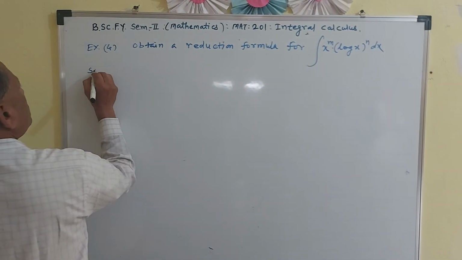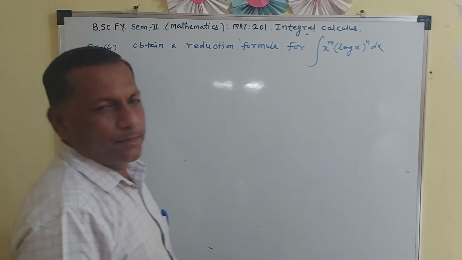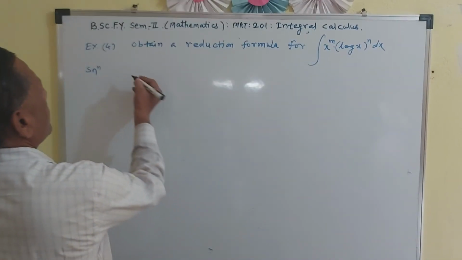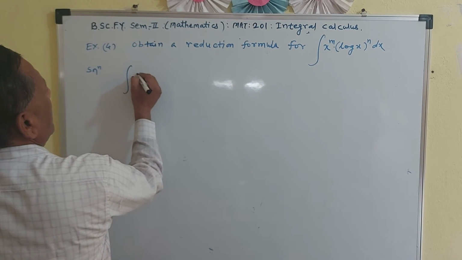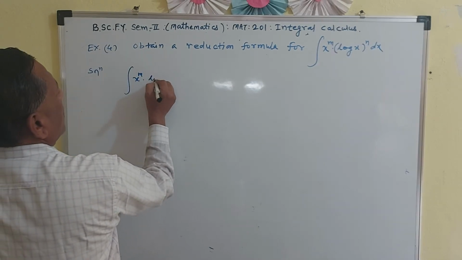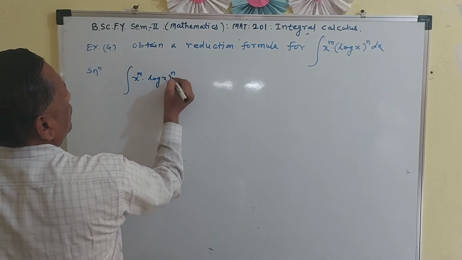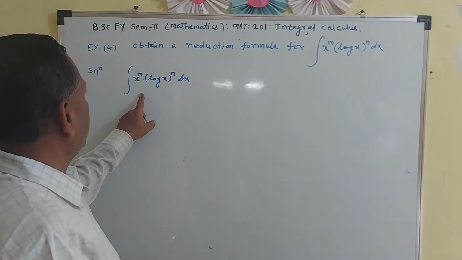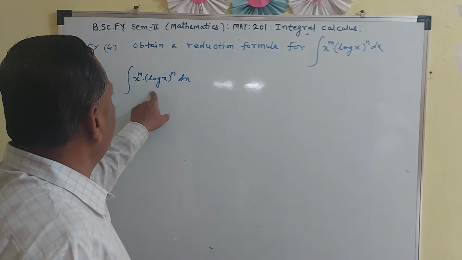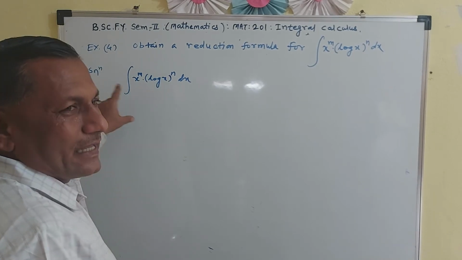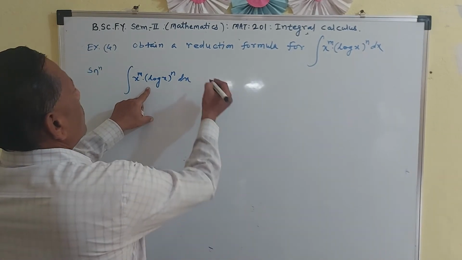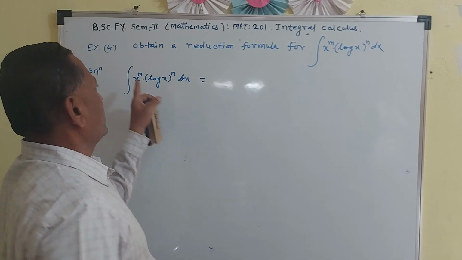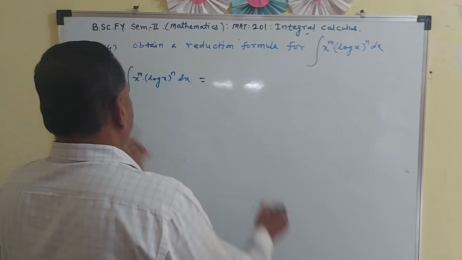Solution. Again, by making use of integration by parts, we have the integral of x raised to m into log of x raised to n dx. x raised to m is the algebraic function, log x raised to n is the logarithmic function. Then by the LIATE rule, log x raised to n is the first function and x raised to m is the second function.